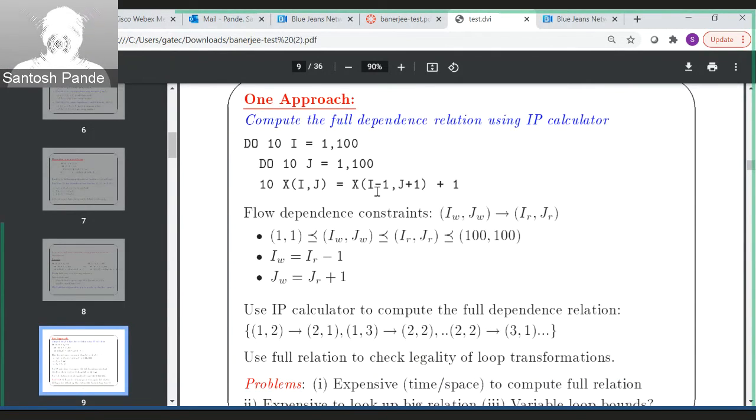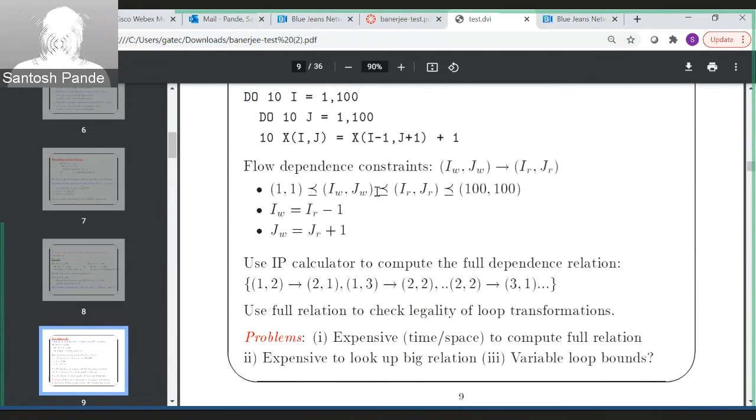You can easily see here it does exist, and it will tell us that you should not parallelize this loop. The big problem is this enumeration. This IOP calculator and integer programs run enumeration, and it will take a huge amount of time, so that's not a feasible approach.